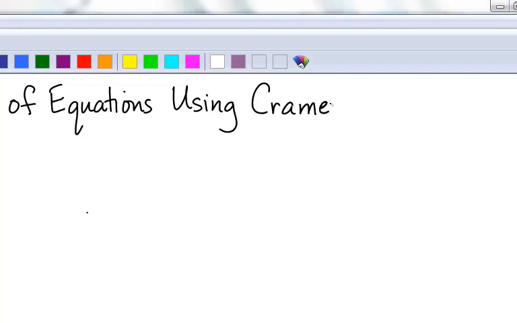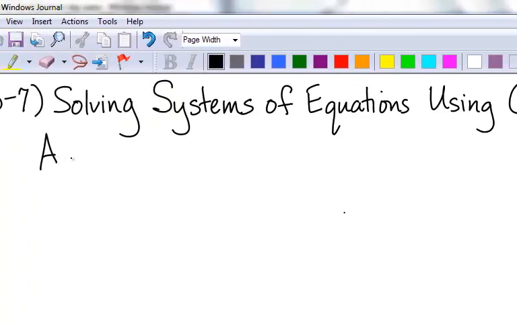Before we can go into Cramer's rule, you've got to know a little bit of information first. On Cramer's rule, we're going to use what they call a determinant, and a determinant is just a value.